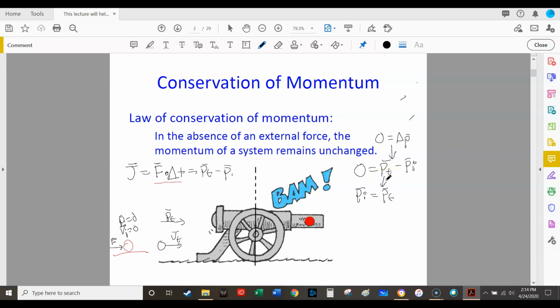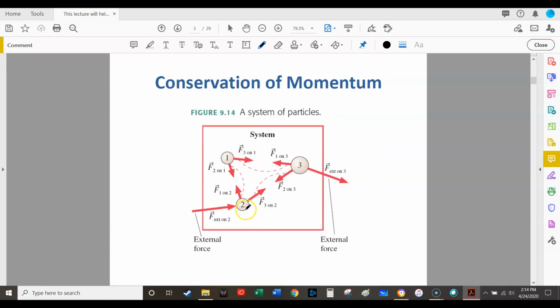So that's kind of the law of conservation of momentum. And you probably heard me talking about it a lot, okay? And this is a representation of that. So the system isn't going to change. The particles in that system aren't going to change. Whatever momentum's in that system is going to stay in that system, right?